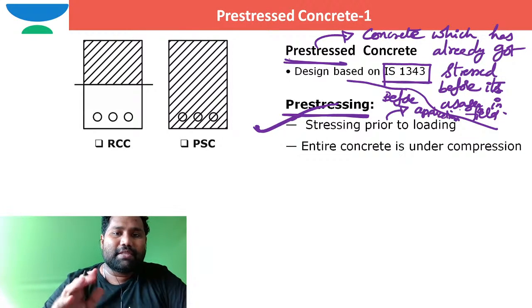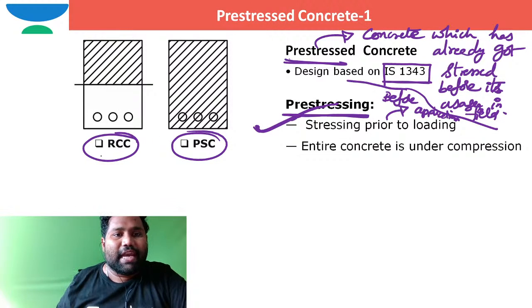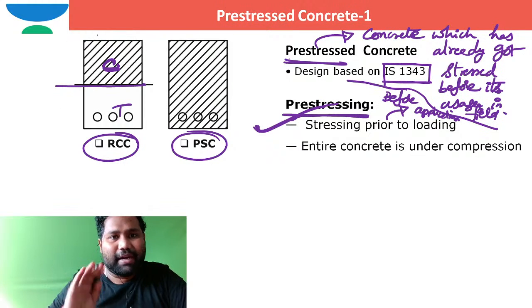Okay, so I hope you can say this is RCC, reinforced cement concrete. This is pre-stressed concrete, for example. In reinforced cement concrete, you can see this is the compression zone, this is the tension zone. I mean, in reinforced cement concrete, not the entire concrete will be under compression.